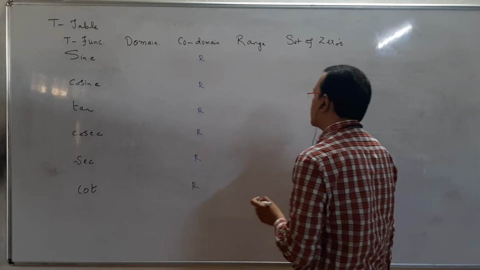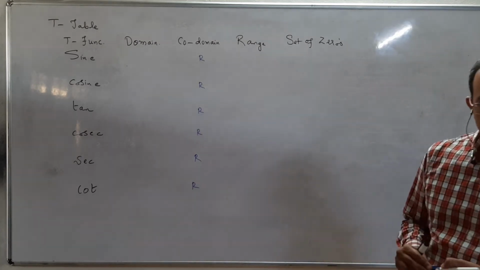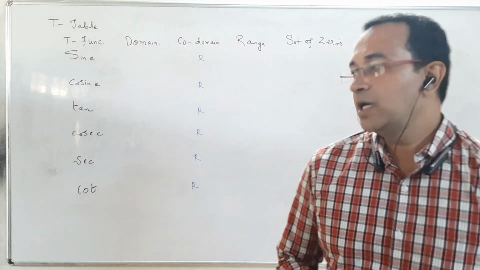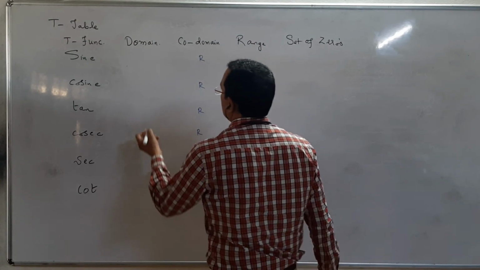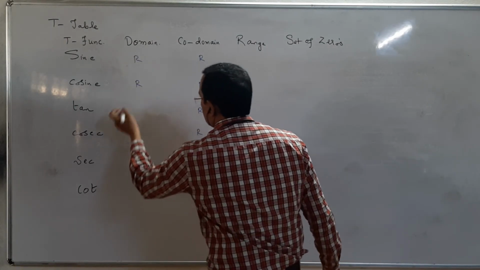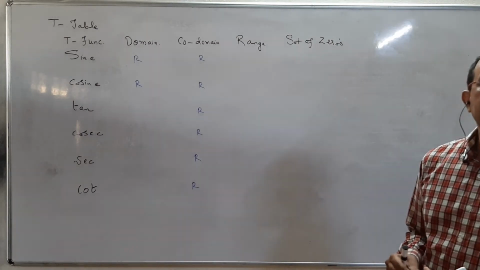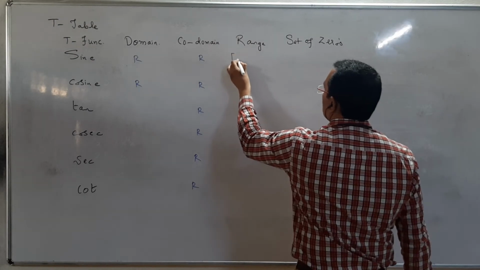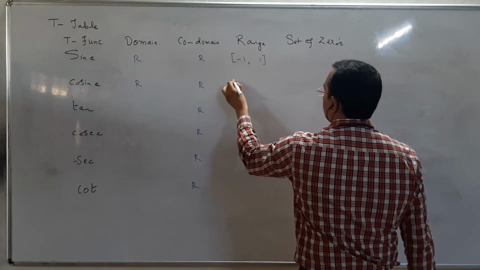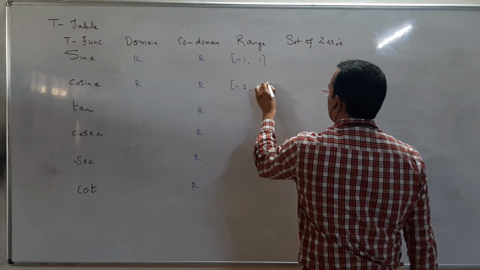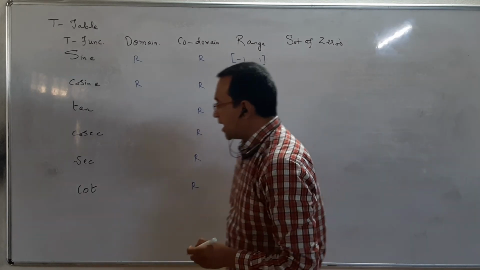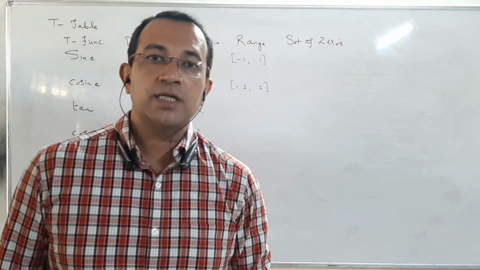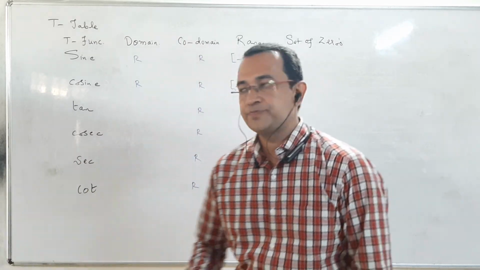So always when you sit with the table, follow this chronology. Now the codomain of sine and cosine functions also is R. Range of sine and cosine function is the closed interval minus 1 to 1. Means your sine function and cosine function cannot assume a value outside this range.